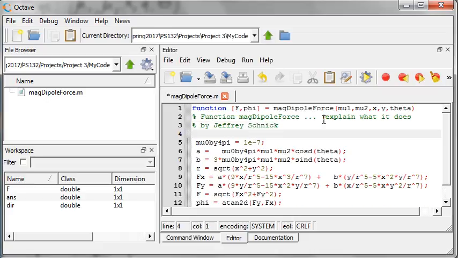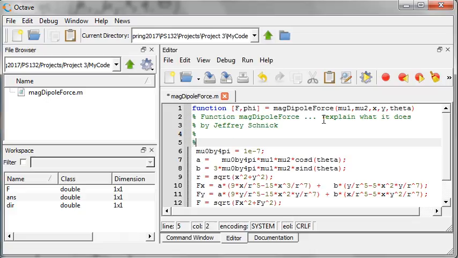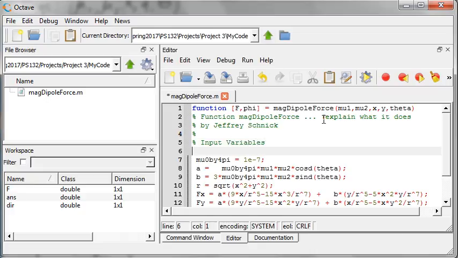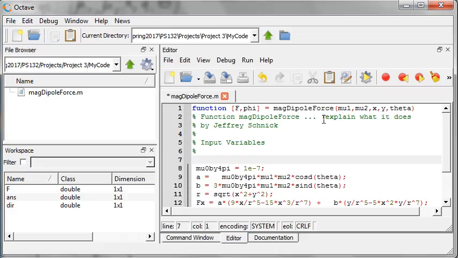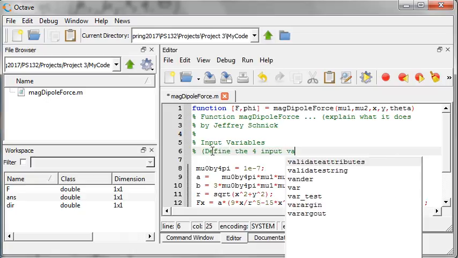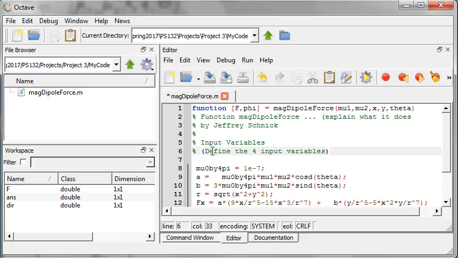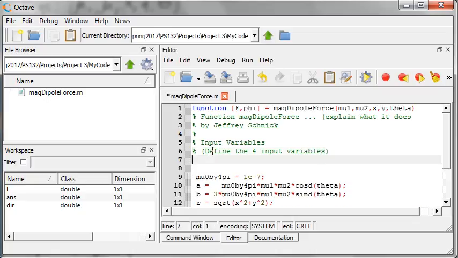And then I go with input variables, and you'll find the 4 input variables, and then output variables.